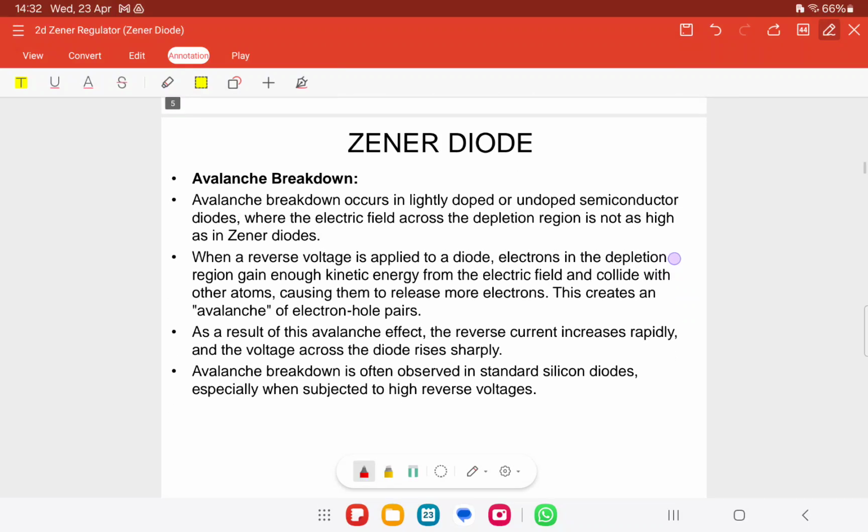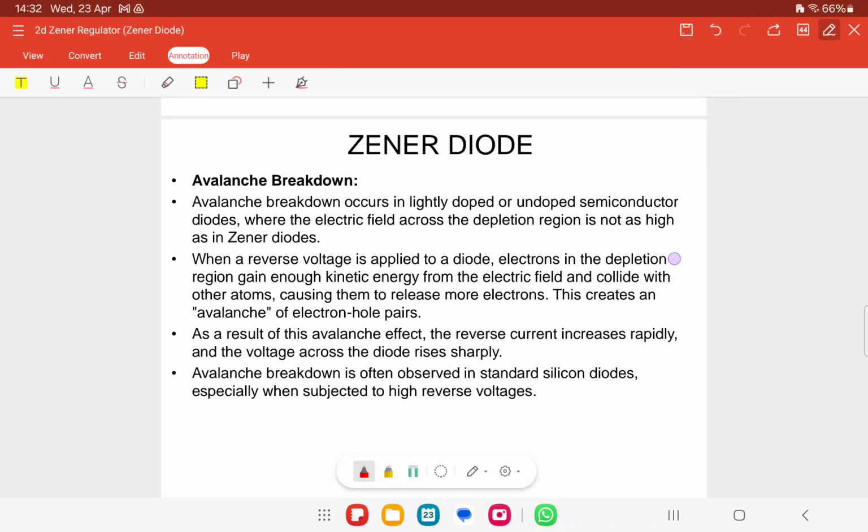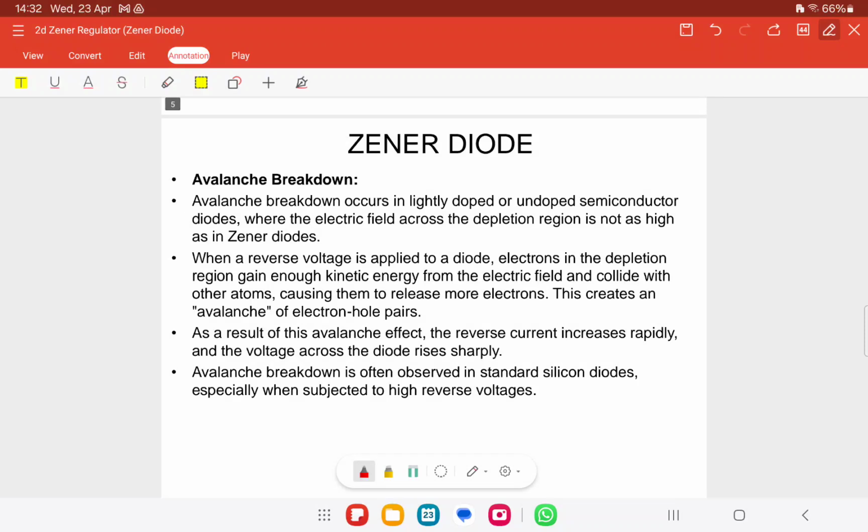Okay, this one is the explanation of the avalanche. Here, electrons in kinetic energy. Avalanche, so the collisions are due to the kinetic energy.